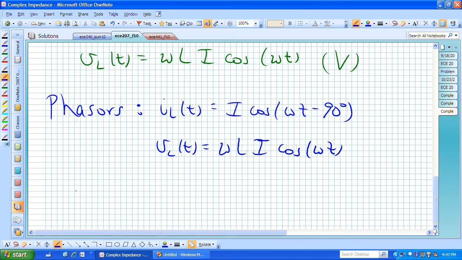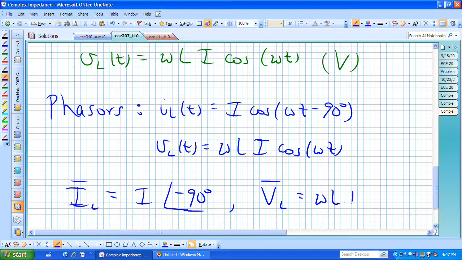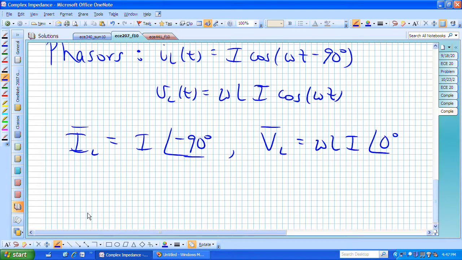The phasor form then of I sub L of t is I sub L bar, which is simply I at an angle of minus 90 degrees. The phasor form of V sub L is omega L I at an angle of 0 degrees.